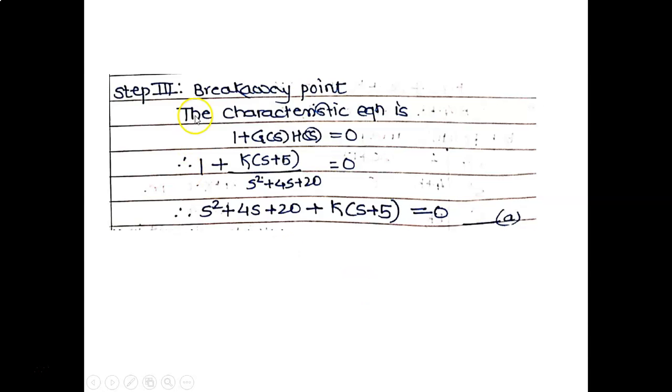Now, we will determine the breakaway point. The characteristic equation is 1 plus G(s)H(s) is equal to 0. Therefore, substitute the value of G(s)H(s). Therefore, 1 plus k into (s plus 5) divided by s square plus 4s plus 20 is equal to 0. Therefore, s square plus 4s plus 20 plus k into (s plus 5) is equal to 0.